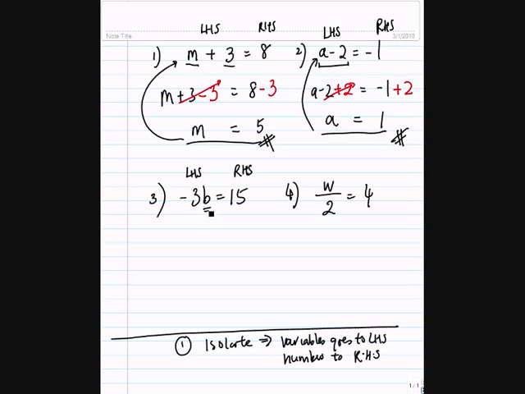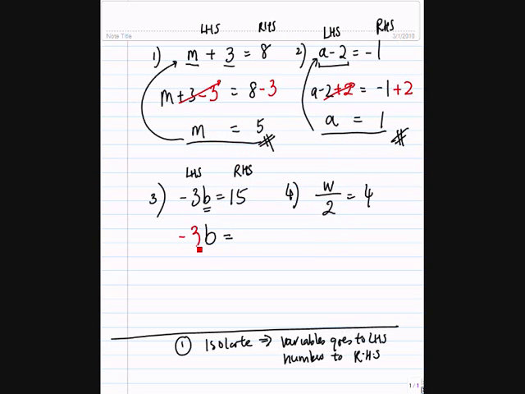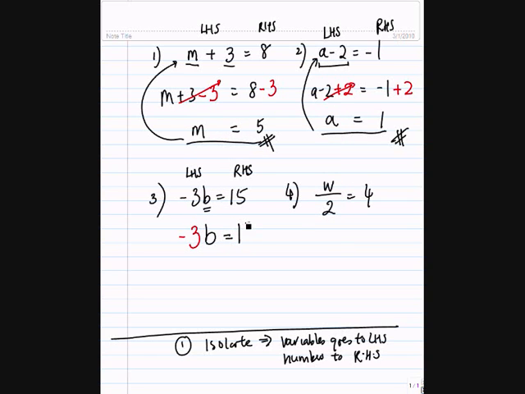So in this case, minus 3b equals 15. So what is b? I need to know b. But I have a minus 3b, and on the right hand side I have 15.